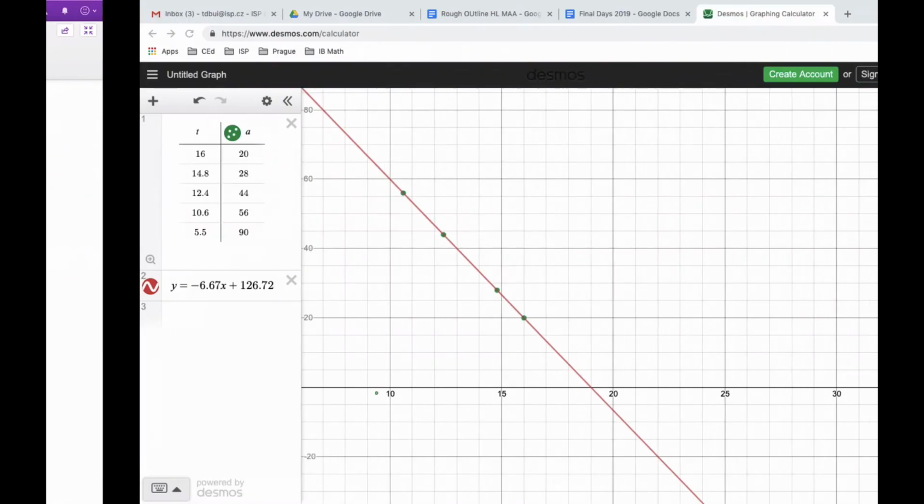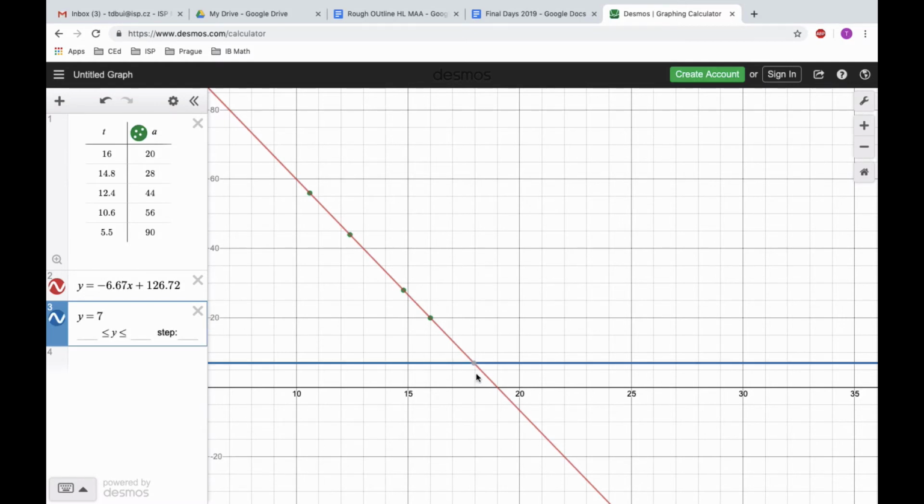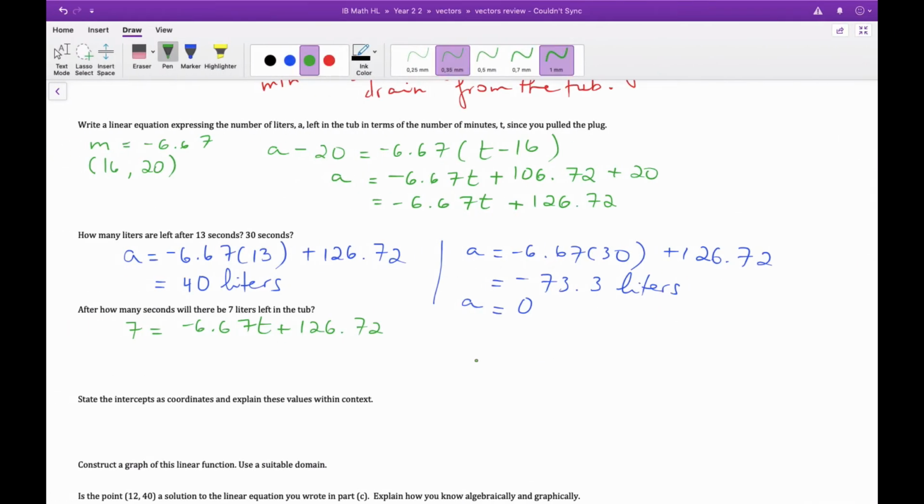Let's go back to our graph. If I go y equals 7, right here at the intersection, I know it's going to be at 17.949 seconds. That was super easy. So T equals 17.95 seconds, if my memory serves me correctly.